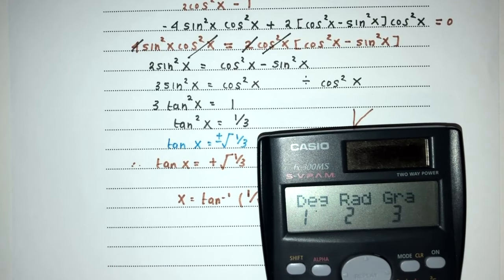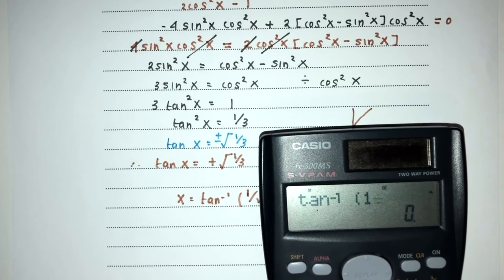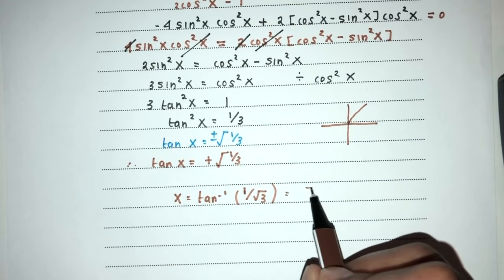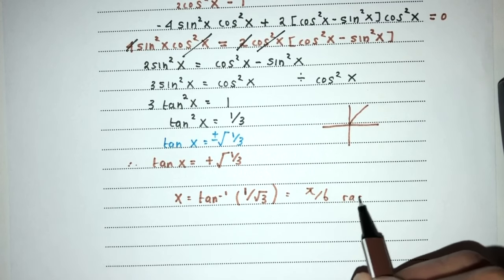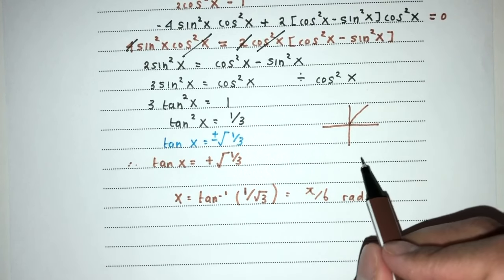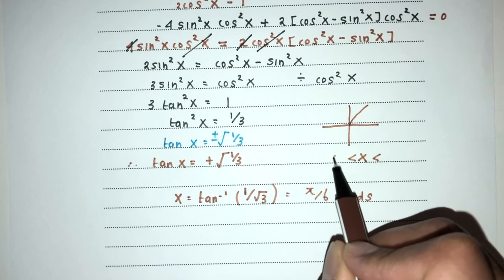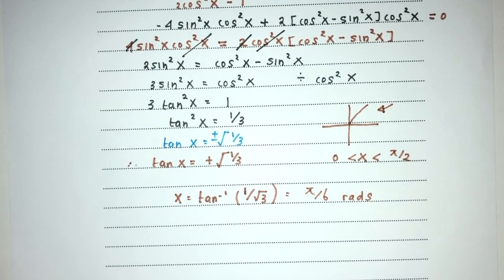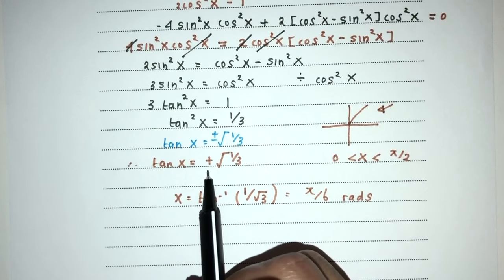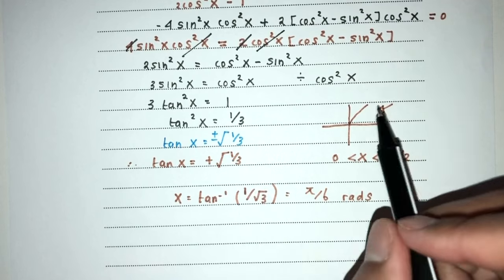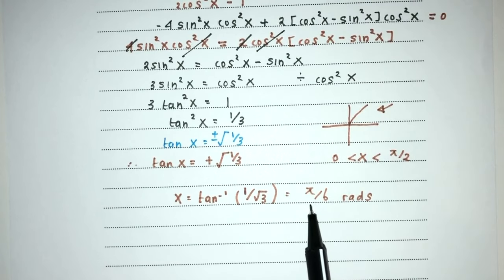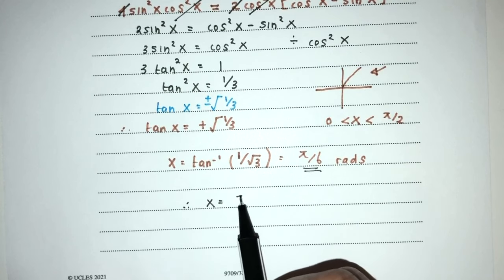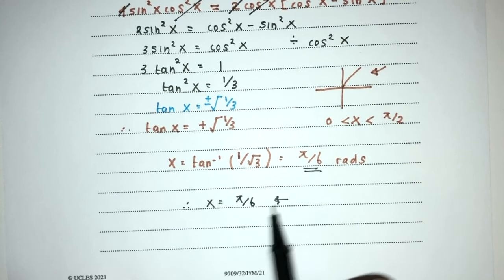So let's use degrees to see. Tan inverse of 1 divided by root 3 will be 30 degrees, which is the same as pi by 6 radians. The reason is that x is between the values of 0 and pi by 2 in the first quadrant, so we take the positive value and the value in the first quadrant. Okay, so finally, the value of x has to be pi by 6 radians, obviously.